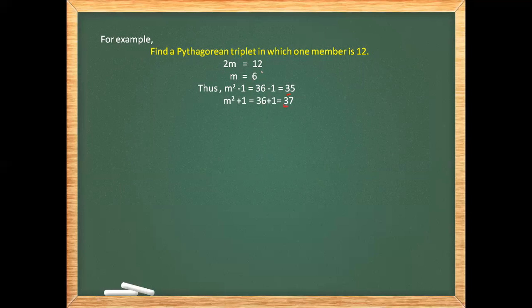I know that 2m, m square minus 1 and m square plus 1 form a Pythagorean triplet. So I knew the 12, and I got the other two numbers, 35 and 37. Therefore the required triplet is 12, 35 and 37.